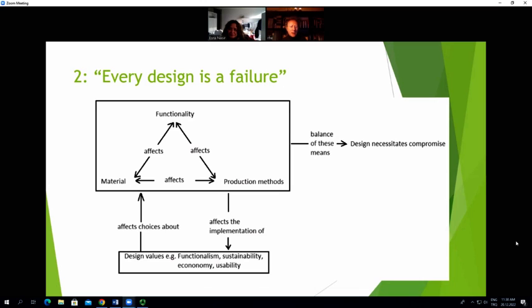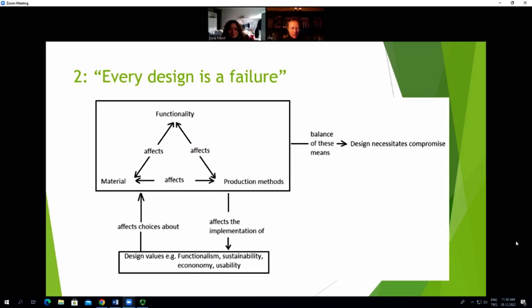Our designs can fail functionally, they can fail materially, and they can fail because we've used the wrong production methods. Or put more positively, when we make choices about what the design is supposed to do, the materials it's going to be made of, and how we are going to produce it, then we are able to decide what kind of compromises are the ones that are the most appropriate for the object in question.